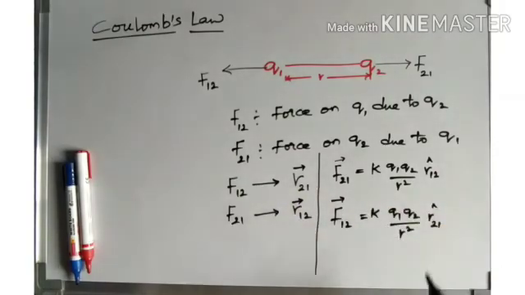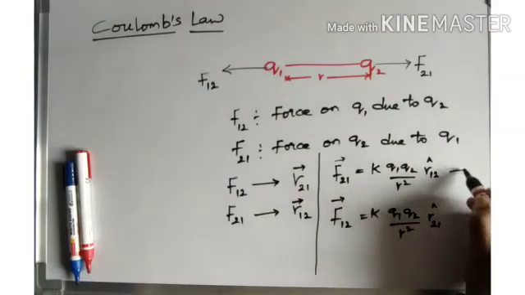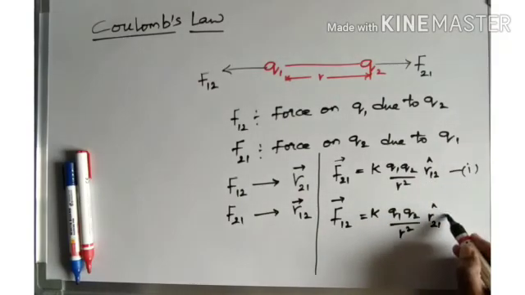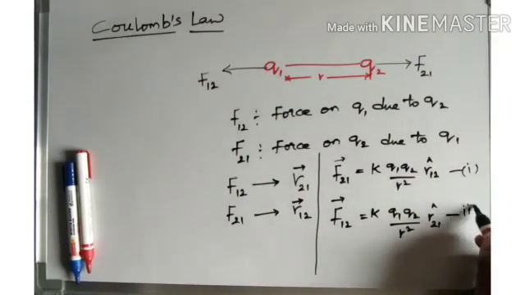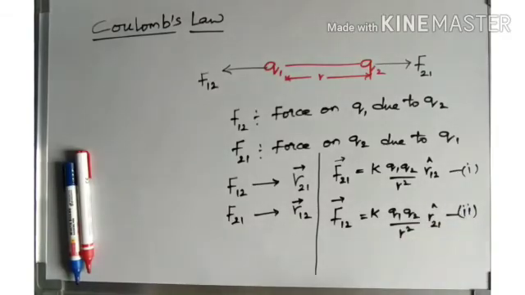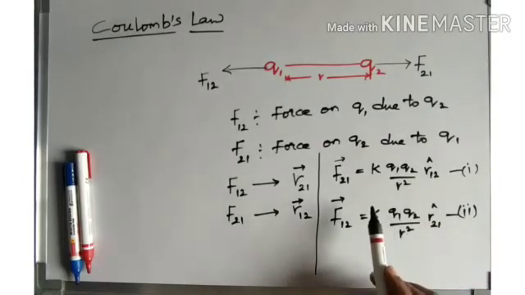These are the two forces acting on the two charges. These two expressions are nothing but Coulomb's law in vector form. What is the importance of this? It tells about the direction.